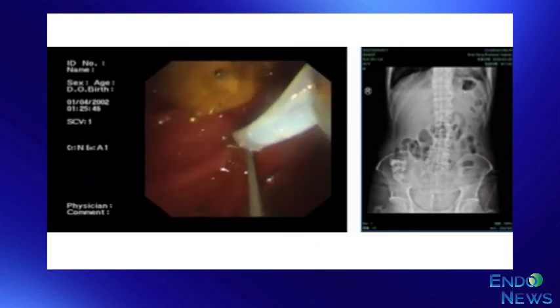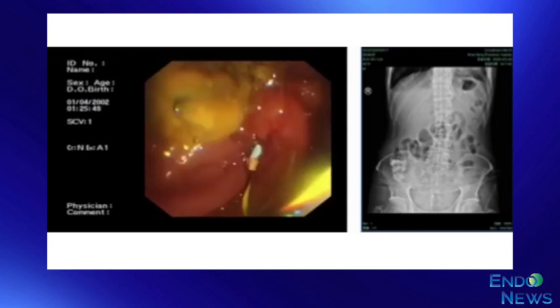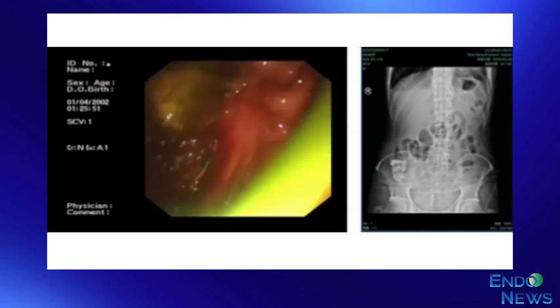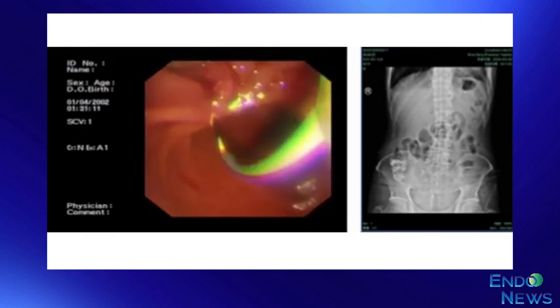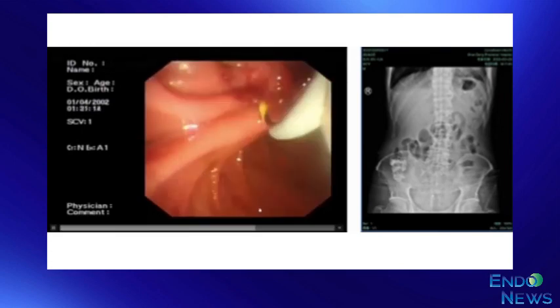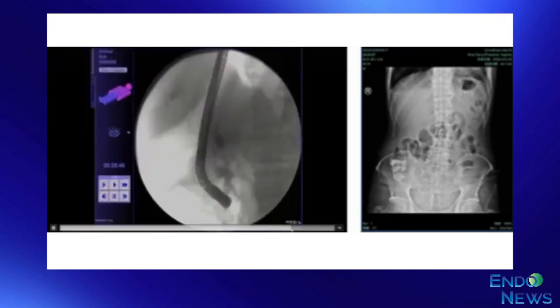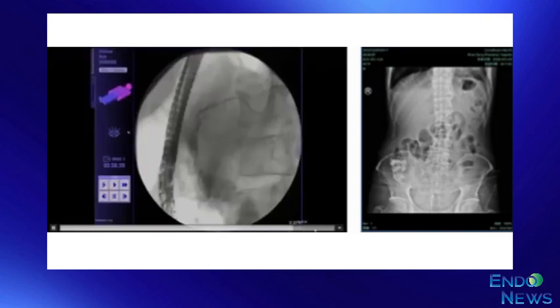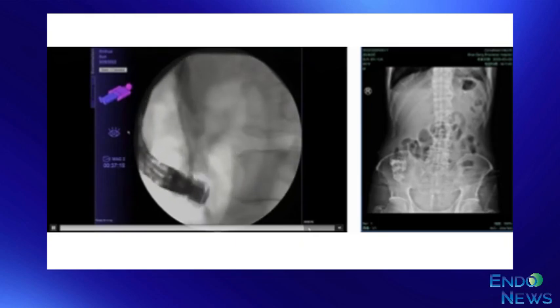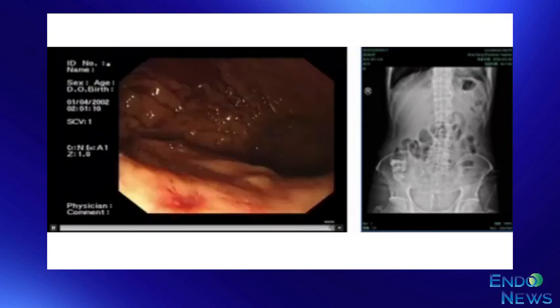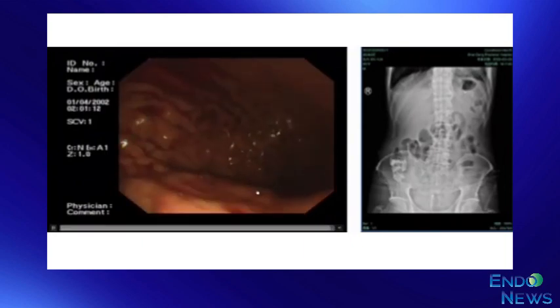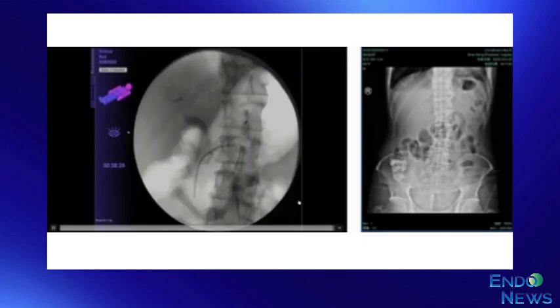We bring in the duodenoscope, insert it and capture the guide wire. And then insert the plastic stent in the standard ERCP procedure. The puncture site has no bleeding.